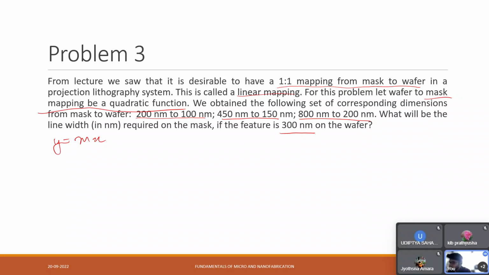Anybody is doing? Or should I proceed with the answer?